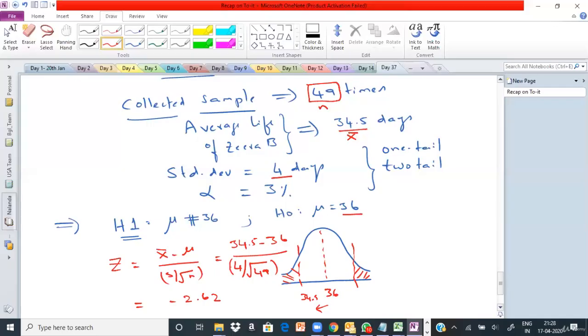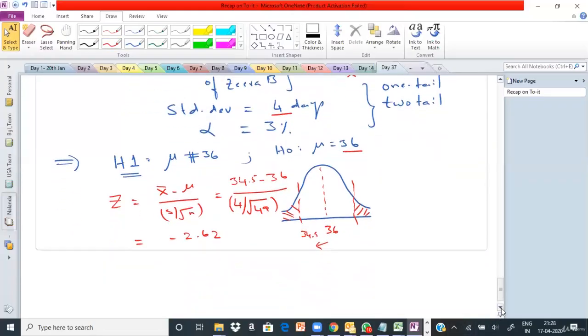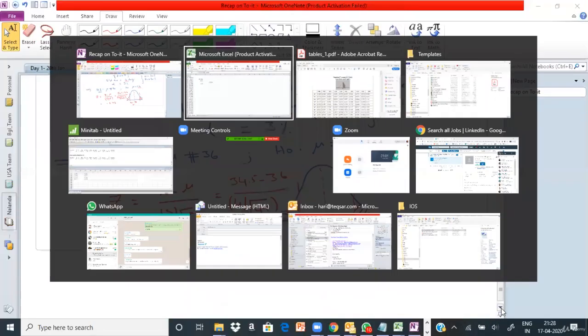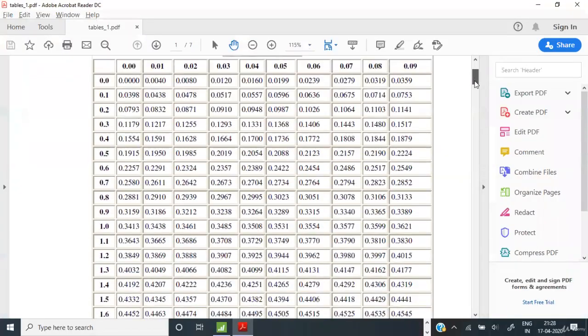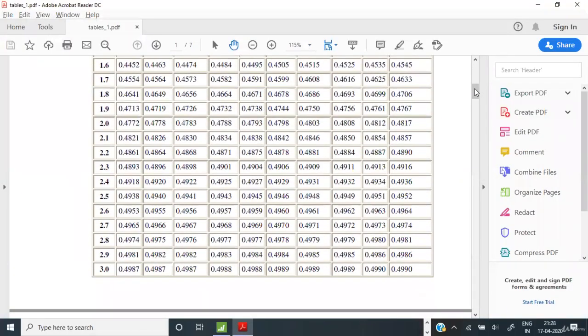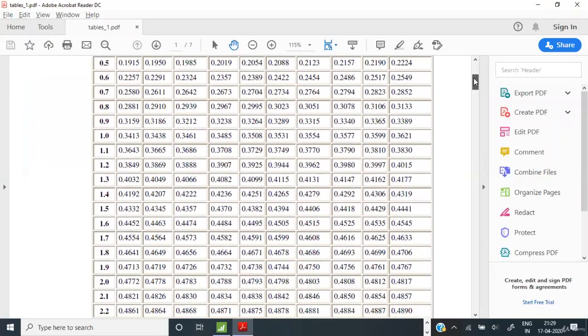Now for Z 2.62, go and find your p-value. Earlier you were finding the Z value from the mu. This time in the p-value method, from the Z value you are finding the p-value. I'm going to the Z table here. Look at this, 2.62. This is 2.6, and 2 is in this third row.